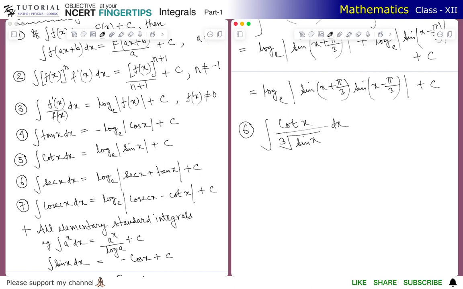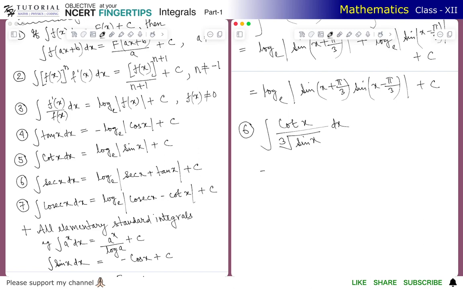If we rewrite the given expression in terms of sin x and cos x, replacing cot x by cos x by sin x, what do we get? We get cos x by sin x to the power 4 by 3.